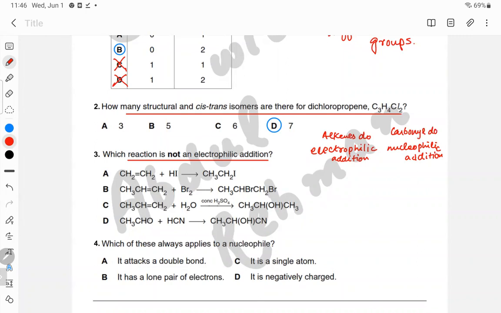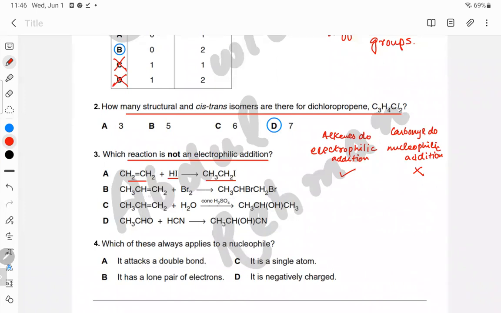If you look over here, this is an alkene. Yes, Noor, your answer is correct. A molecule is adding up into it, and we got one compound. So here it is an electrophilic addition, not a nucleophilic addition. They are asking which is not an electrophilic addition.